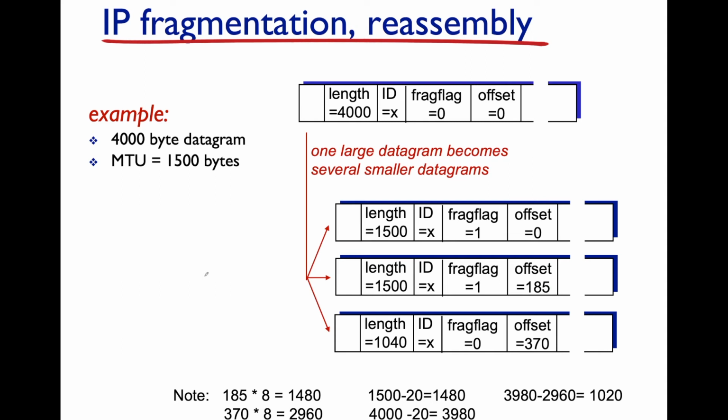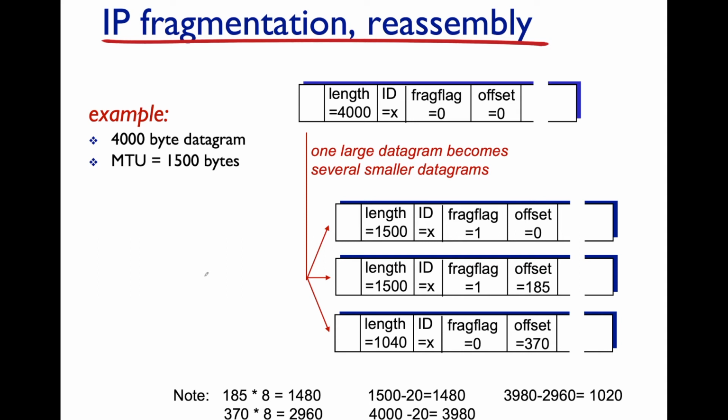And so here, this third fragment has a length field of 1040, and we see that the ID field is X and the frag flag is 0, meaning that it's the last fragment in the sequence, and its offset is going to be 370. Now, of course, that 370 means the 370th byte in that stream of bytes.